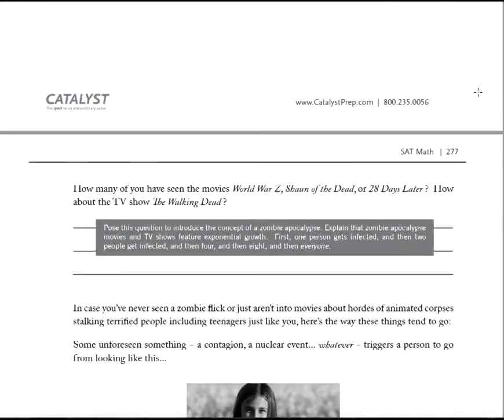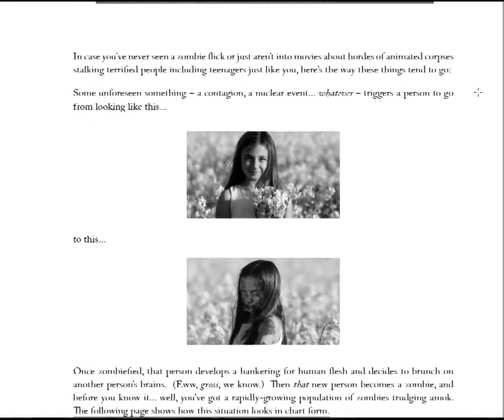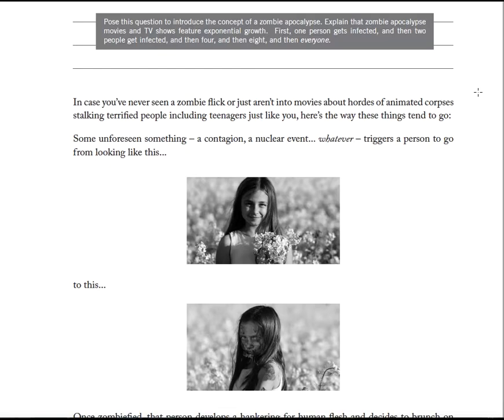And another more modern example of that, if you guys will flip with me to 277, how many of you guys have seen the TV show The Walking Dead, or maybe a movie like World War Z? Yeah, zombies have gotten really popular these days. And all zombie films, even though they differ from one another, kind of have the same springboard, which is essentially someone will get infected, like this little girl here, a seemingly innocent little girl.